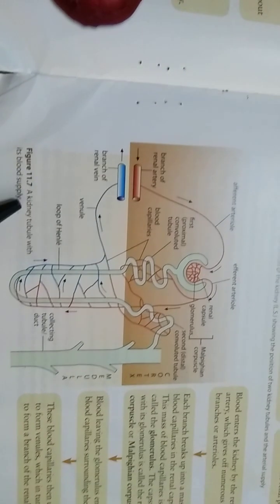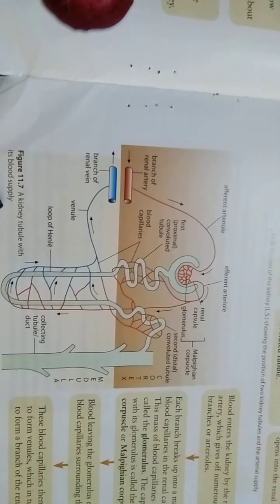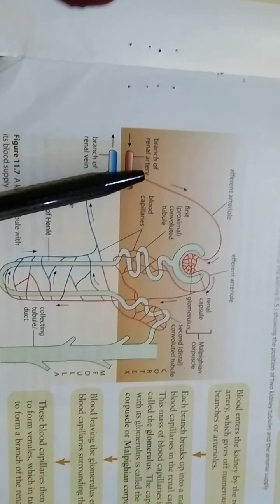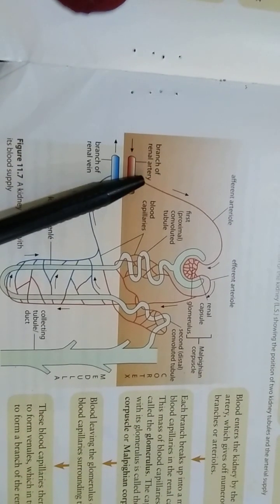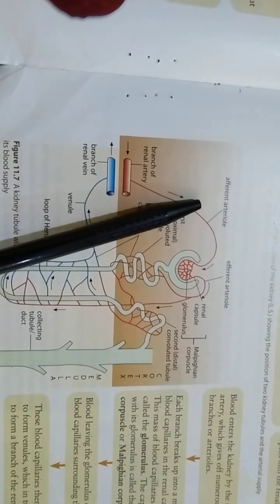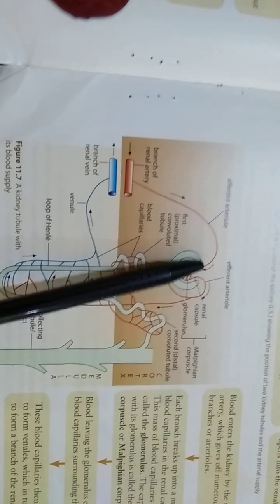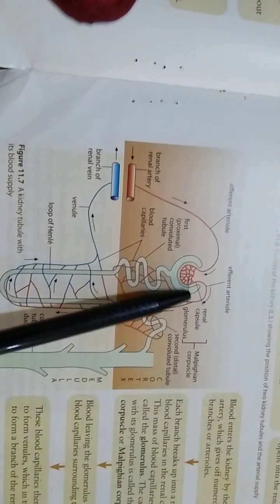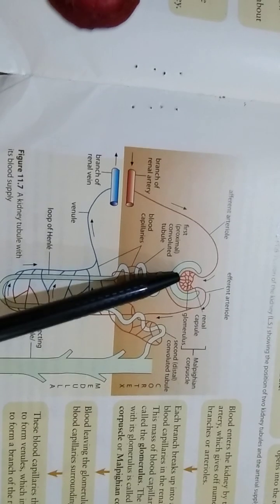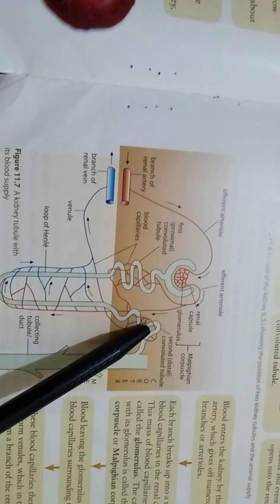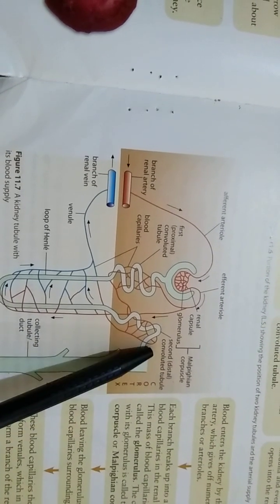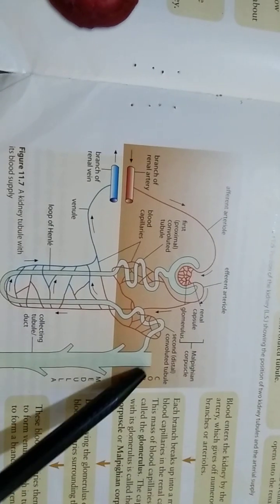Here we look at the structure of a kidney tubule with its blood supply. The branch of the renal artery is here. Blood enters the kidney through the renal arteries and afferent arterioles, then goes into efferent arterioles and the renal capsule. Here are the glomerulus structures, the Malpighian capsule, and the distal convoluted tubules.